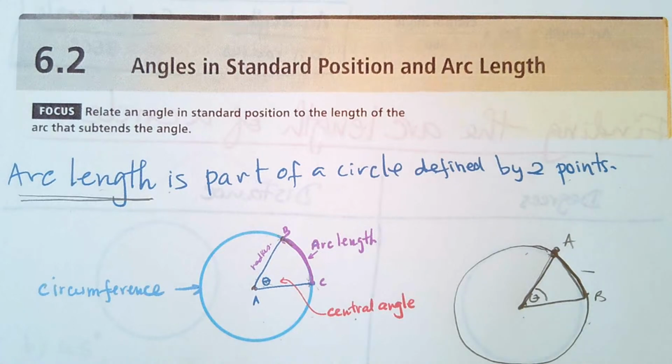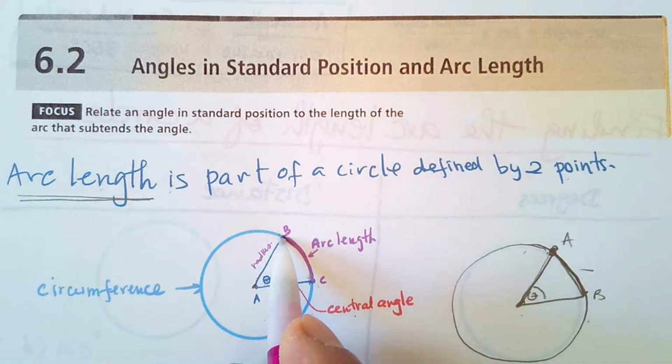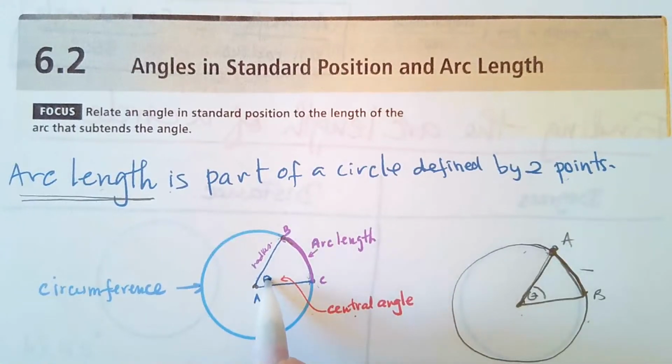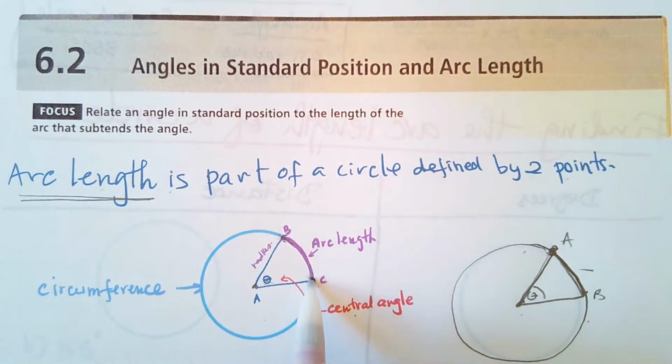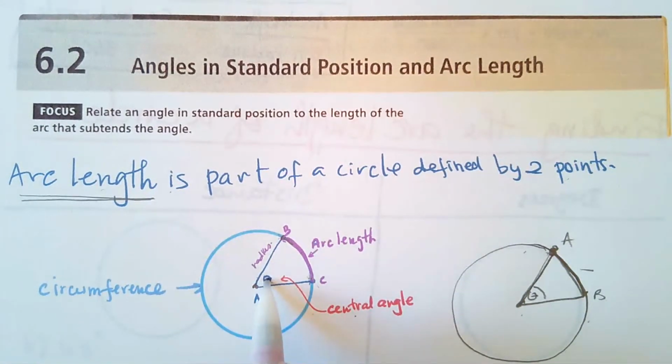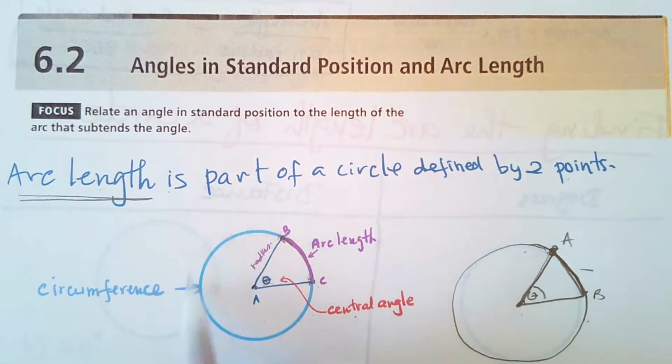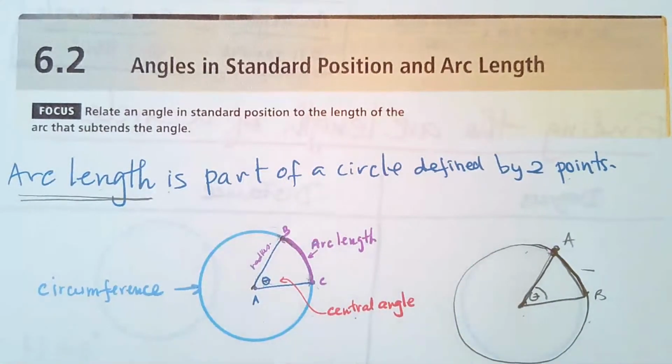What we'll be finding out today is how we can calculate the radius when we're given either the arc length or the central angle, or to find the arc length when we're given the central angle and the radius. Let's recall that the circumference of a circle is 360 degrees.